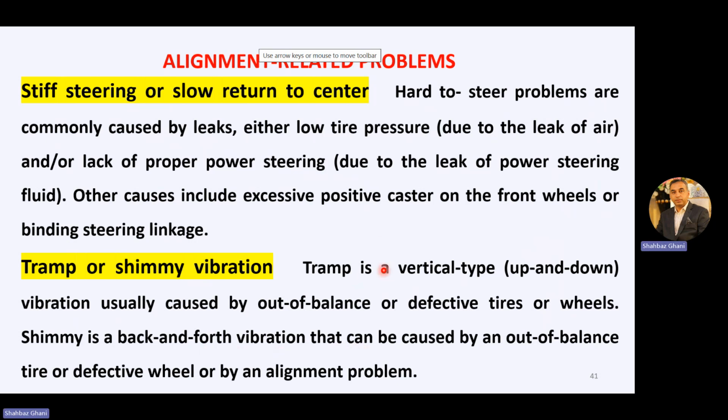This was in the vertical plane and this is in the horizontal plane. It can be caused by an out of balance tire, a defective wheel, or by an alignment problem. So in the vertical axis we have tramp, in the horizontal axis we have shimmy vibration. So these are the alignment related problems.